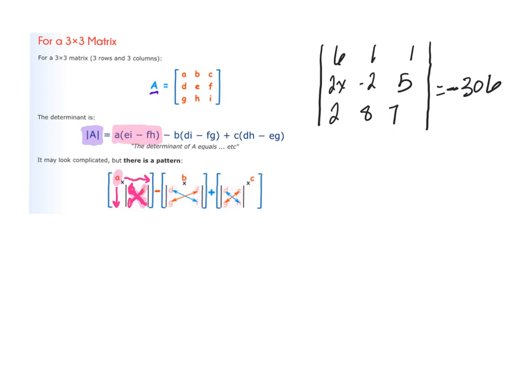Then I look at my middle one, which is the same thing. I'm not using anything in the same row or column. I'm using the ones that are on the outside of that. Once again, I take the upper left and multiply it by the bottom right, and then I subtract the bottom left times the upper right.